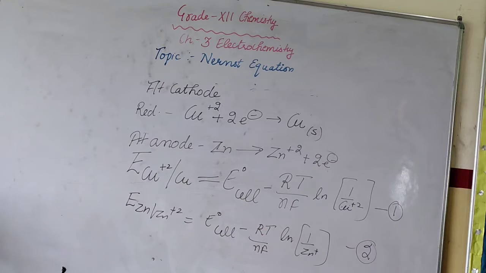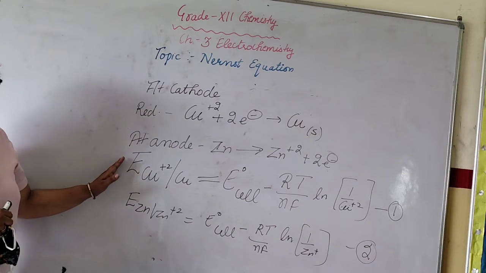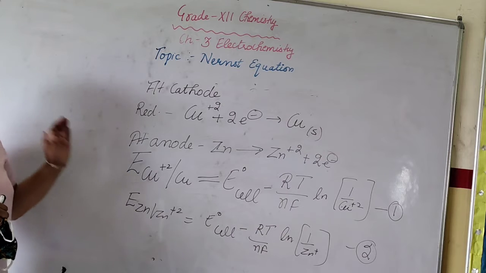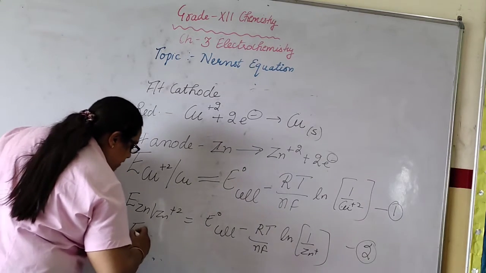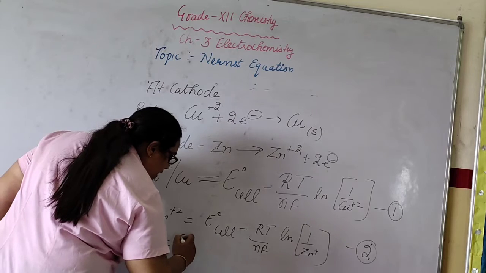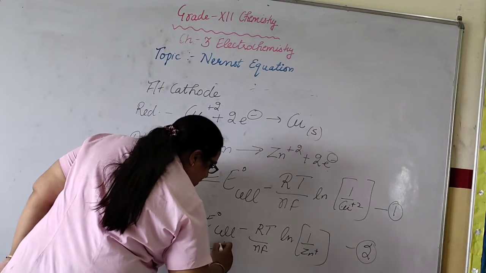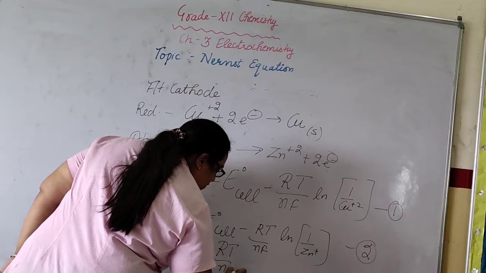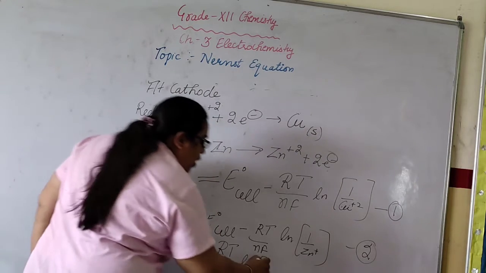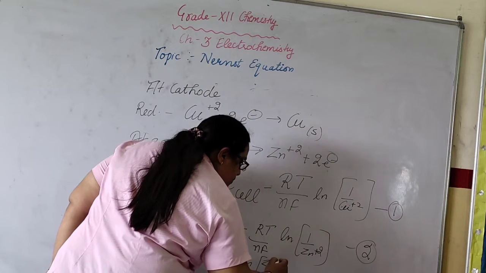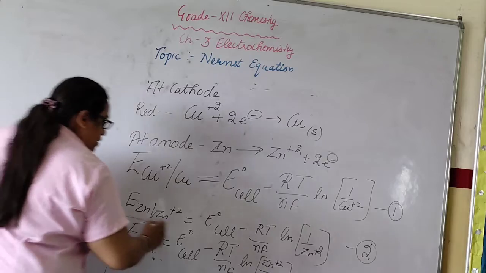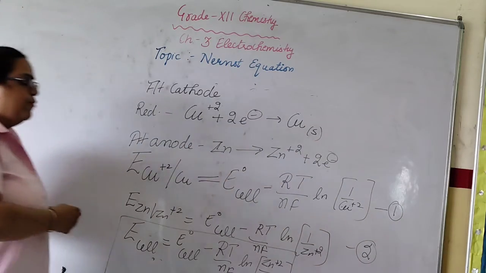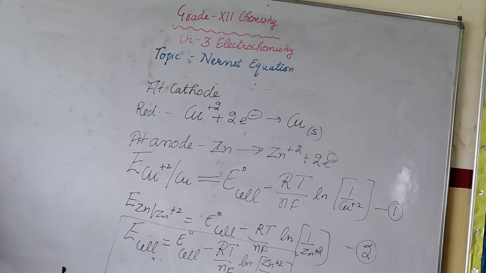It is the reduction potential of cathode minus anode. So when we subtract and solve, you ultimately get E of cell is equal to E naught of cell minus RT over nF ln oxidation over reduction. This is the Nernst equation for the Daniell cell.